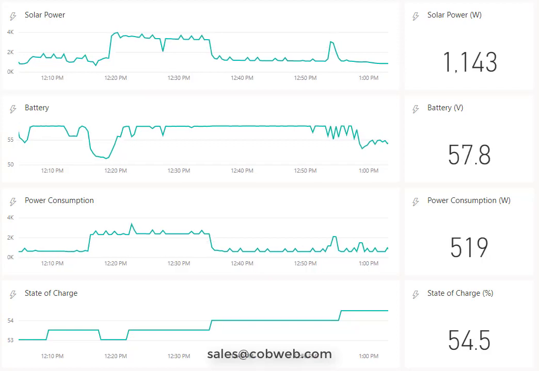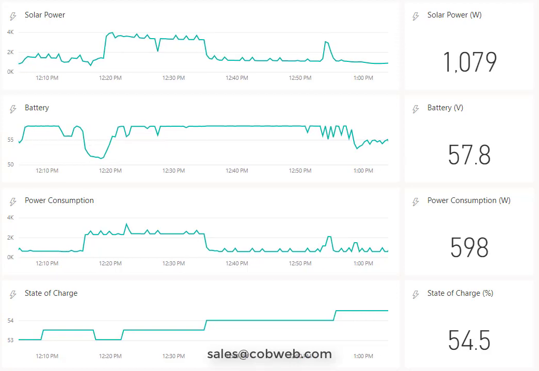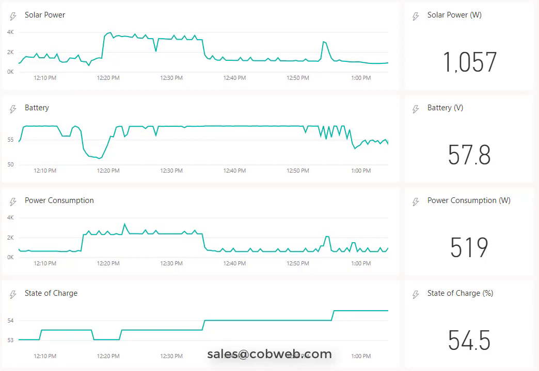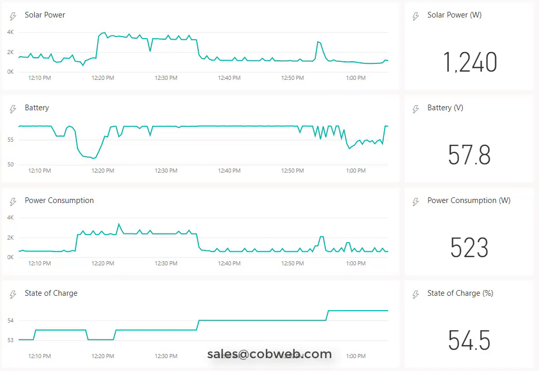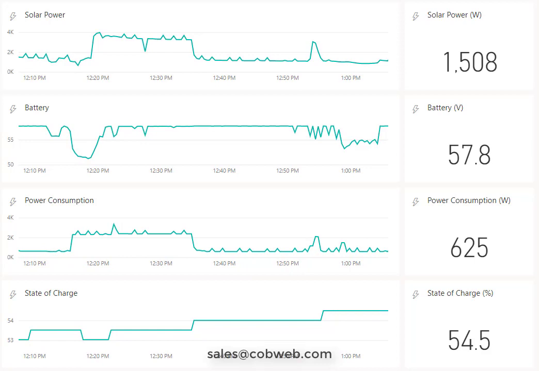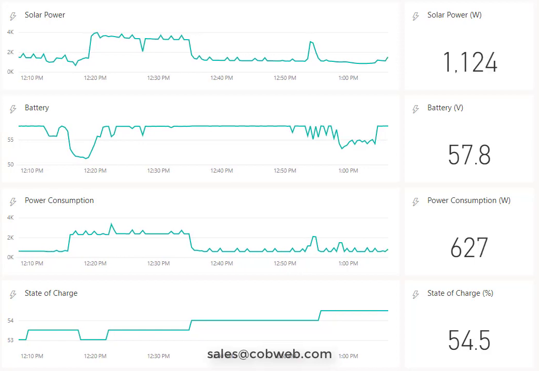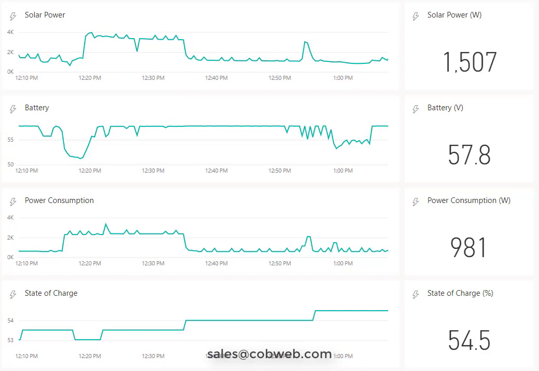And what we've presented are four line graphs in order to give us a historic view over the last hour, and also four cards that will give us the latest measurement of each of the components, so the solar power, battery, power consumption, and state of charge. And as you can see, it's ticking through quite nicely.